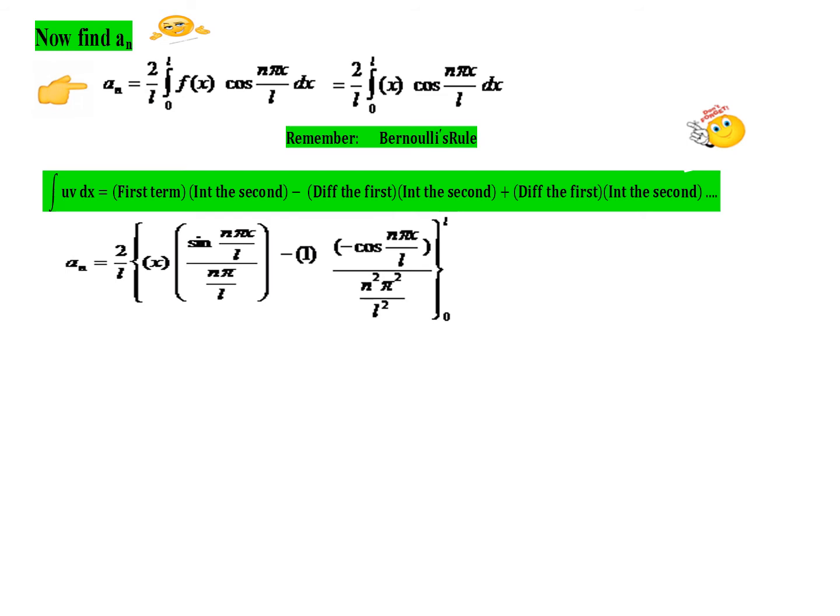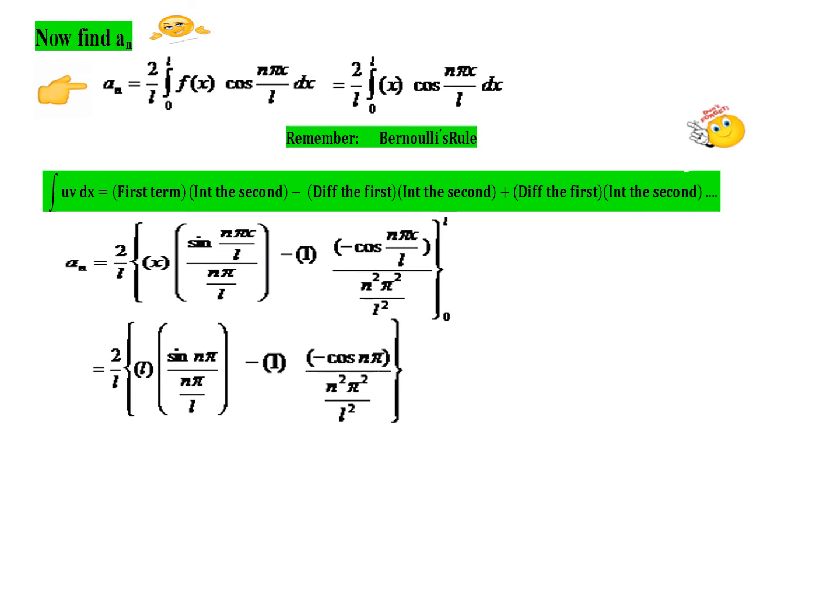Now we should apply the limit. So what is the upper limit? In the place of x, we have to put L. So an will be equal to 2 by L into, in the place of x, we are substituting L. So L into, when we put x as L, that sin n pi x by L will become sin n pi, divided by n pi by L, minus 1 into minus cos n pi divided by n squared pi squared by L squared.